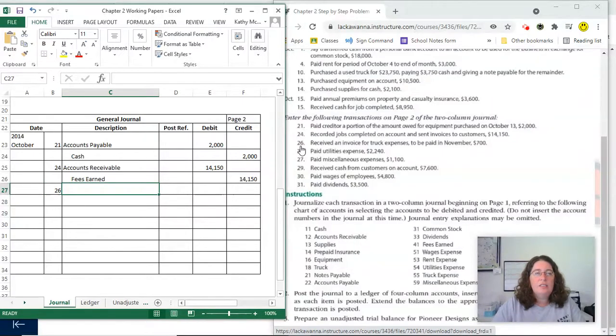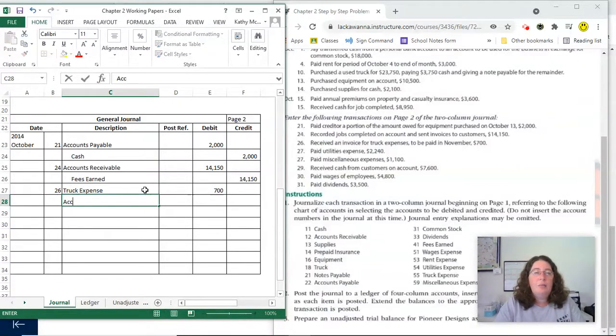On the 26th, we received an invoice for truck expenses to be paid in November. Notice the words to be paid. We have not paid them yet. We do see the words truck expenses, and if we look at our chart of accounts, number 55 is truck expense. We know that our expenses increase on the debit side, so that's going to be our debit, truck expense for $700.